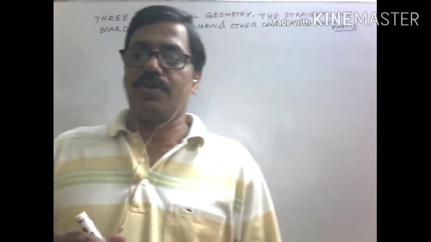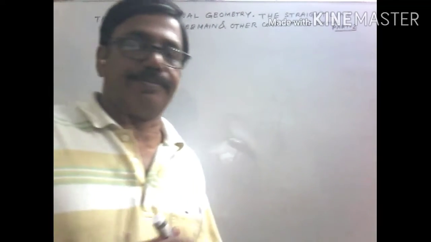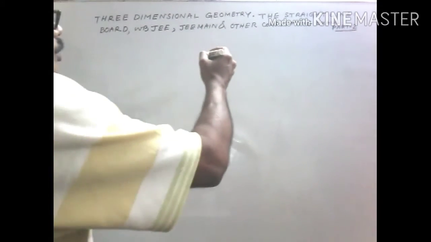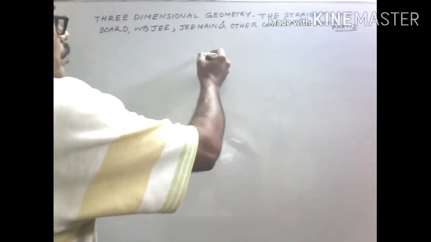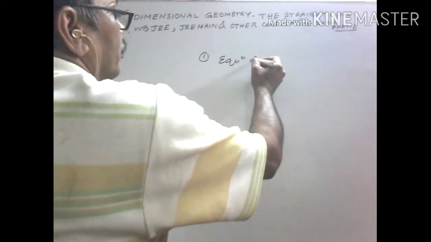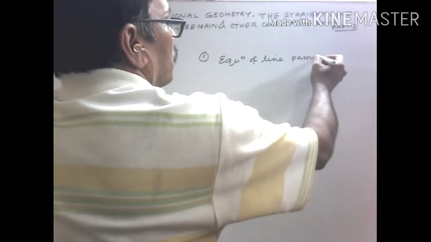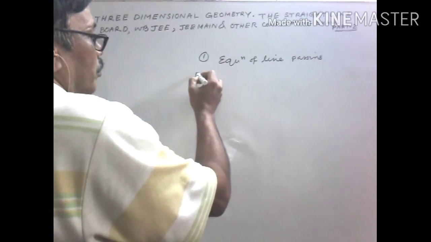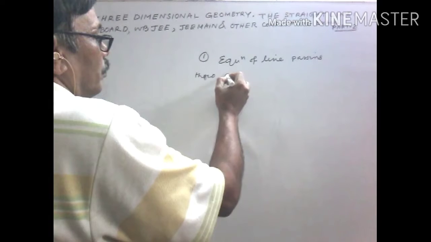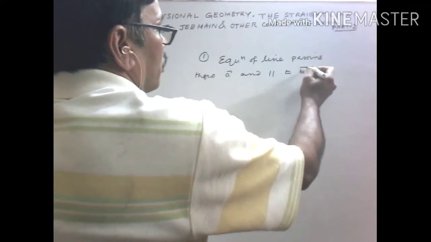So before we start, we recapitulate the formula of straight line. So look, straight line, equation of line passing through A vector and parallel to B vector.